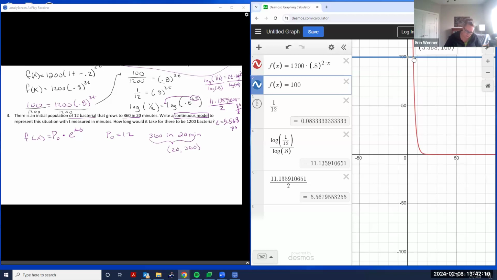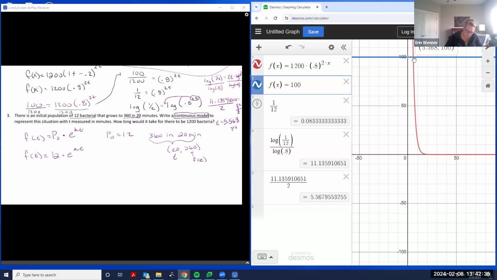So if we go to our model, I've got f of x equals 12 times e to the kt. Too many variables, right? This is my t value. Oh man, I've got to be consistent in using my variables here. I'm going to confuse you. And this is my f of t, right?